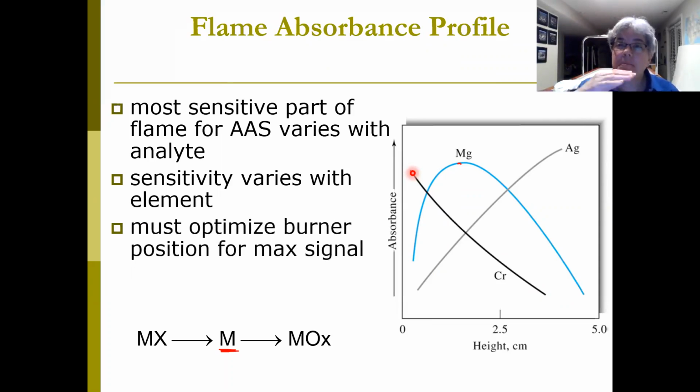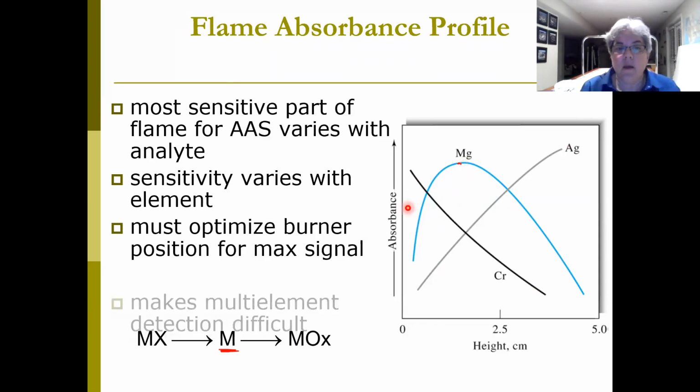So you have to optimize your burner position to get the highest signal for each element. And usually you will actually take a standard with magnesium, and you'll move your burner up and down, watching to see where you get the maximum signal.